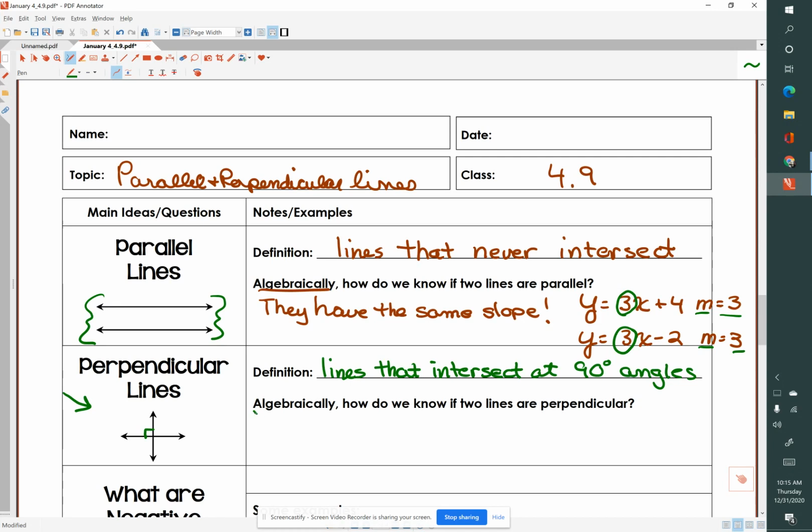So now algebraically, how do we know that two lines are perpendicular? Well, they have the negative or opposite reciprocal slopes. Another word I could use here is opposite.